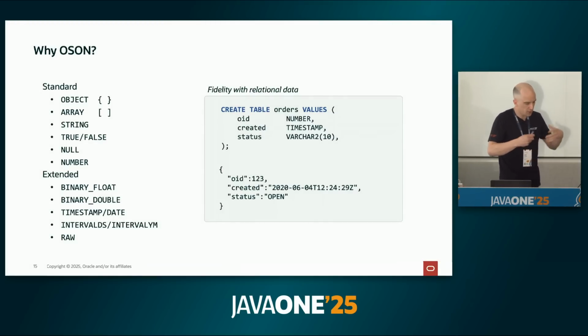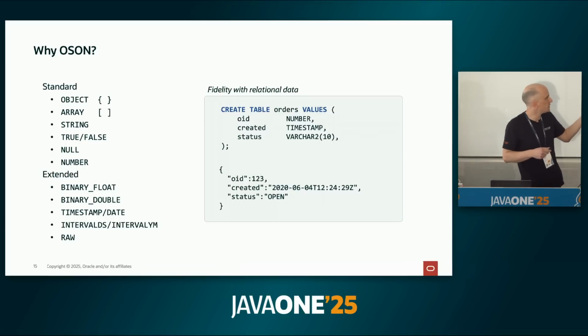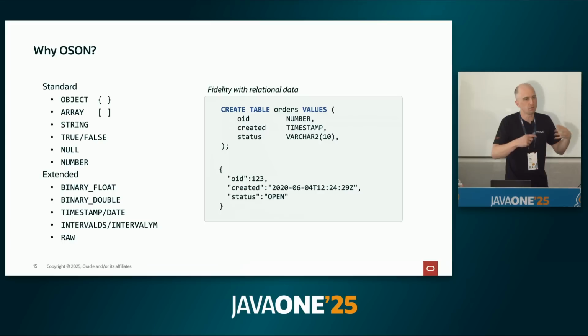We wanted these extra types, one, for fidelity with relational data. If I have a row in the table on the slide with a created attribute holding a timestamp, we wanted to be able to convert that row to a JSON object and back without having to convert that timestamp to a JSON string.